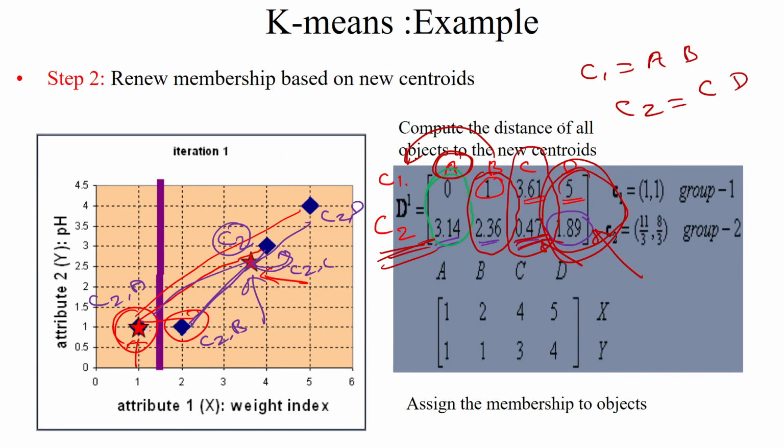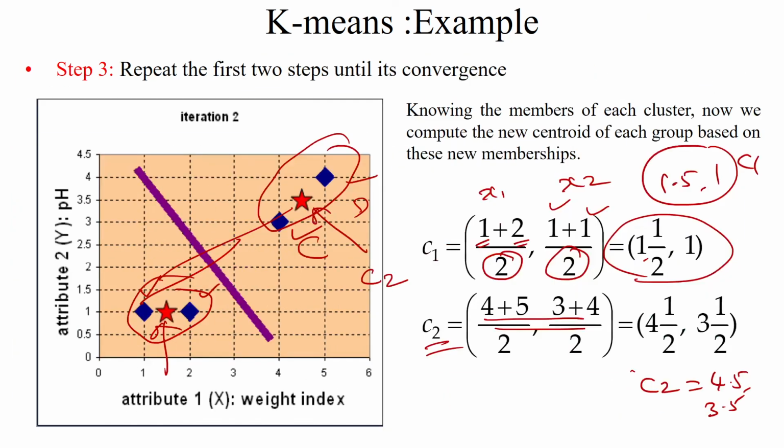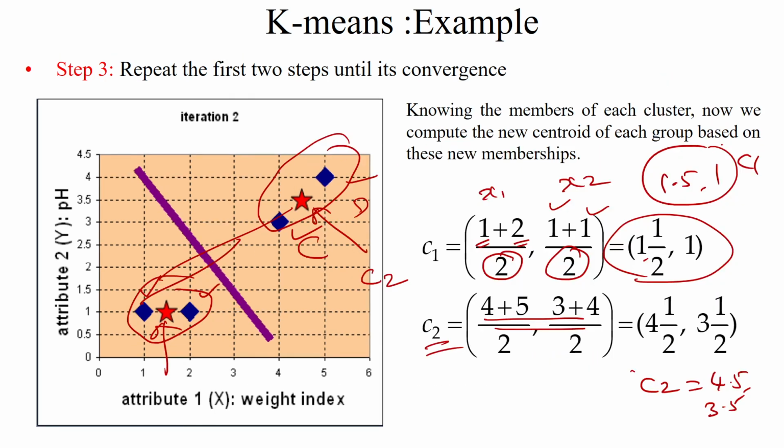So the cluster centers are not updated, not changing. The same cluster centers are forming, so it is convergence, meaning the cluster centers are no longer changing.